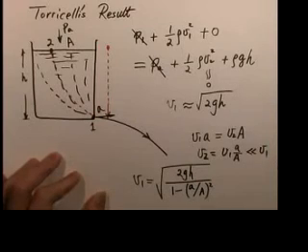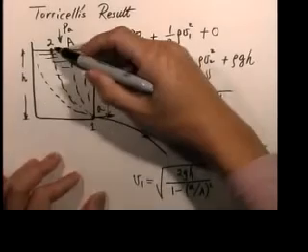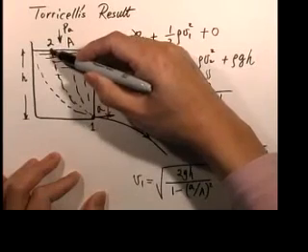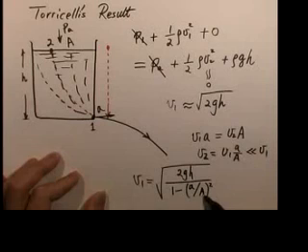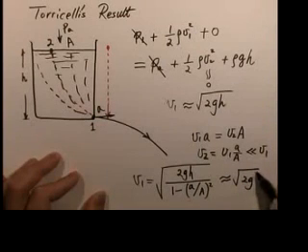This is the more accurate result, if you consider the fact that this point 2 actually descends, the water level actually drops. Of course, small a is a lot less than big A, therefore this factor is very close to 0, so 1 minus this is almost equal to 1, therefore this is very close to the square root of 2gh. So this is Torricelli's result.